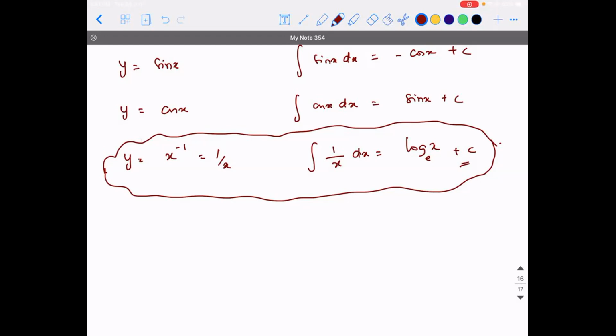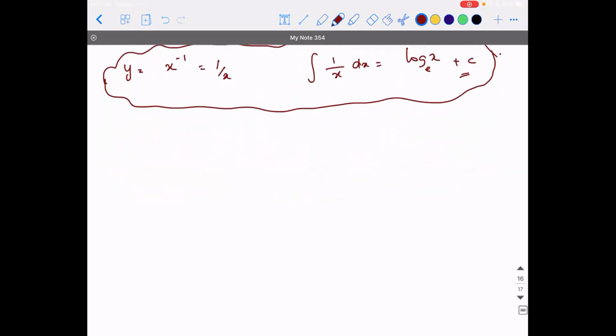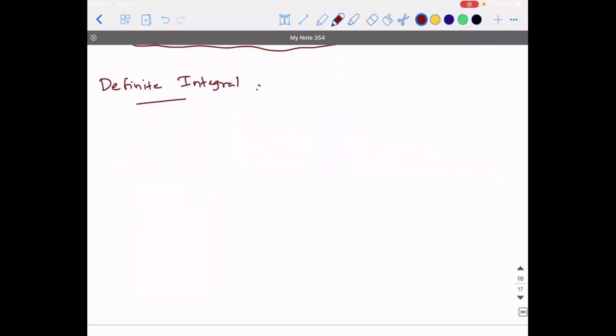Now I need to explain definite integrals. Okay. So how to find the definite integral? For example, y is equal to x.